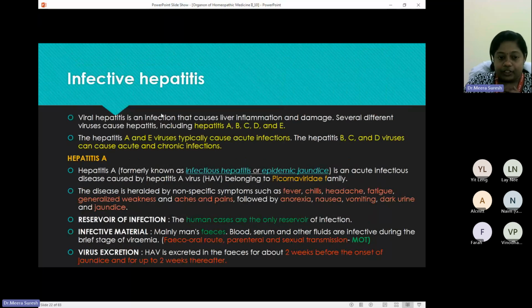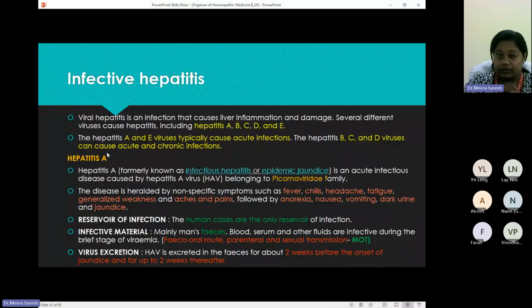I'm going towards infective hepatitis. Viral hepatitis is an infection that causes liver inflammation and damage. Several different viruses cause hepatitis, including hepatitis A, B, C, D, and E. Hepatitis A and E are usually food related.